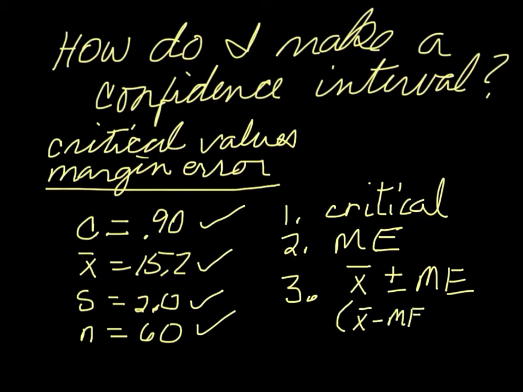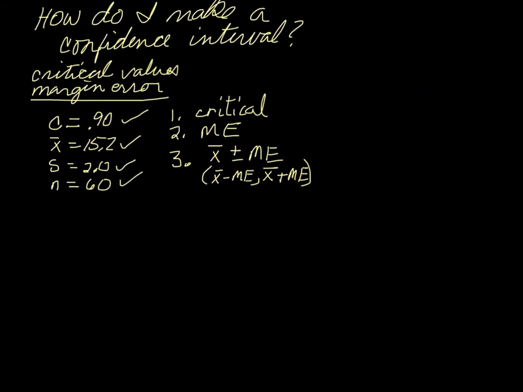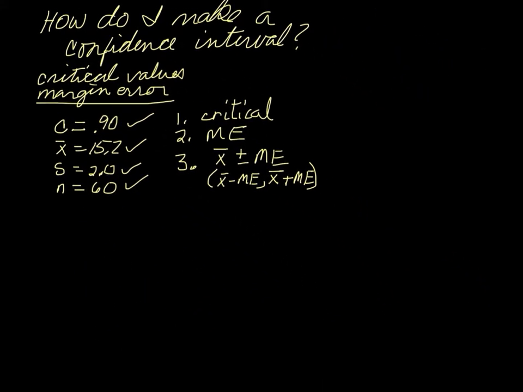The smaller number will be the left part of the interval, and the larger number will be the right part of the interval, and that will be your confidence interval formula. So that's how you do it. So let's do it with this data, and I'll show you how it's done.